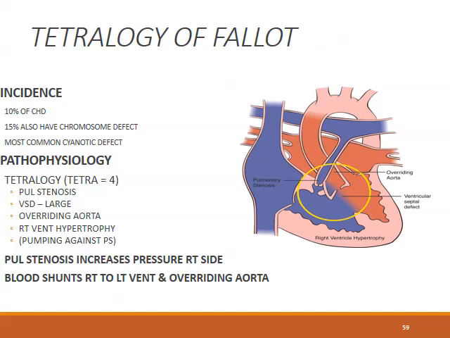Now, tetralogy of Fallot. The incidence is about 10% of all congenital heart defects. 15% also have chromosome defects. And it is the most common cyanotic defect.